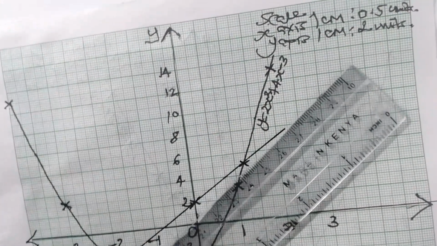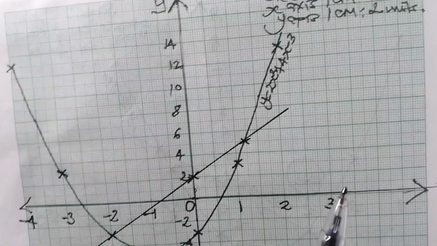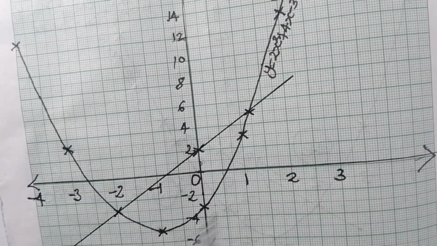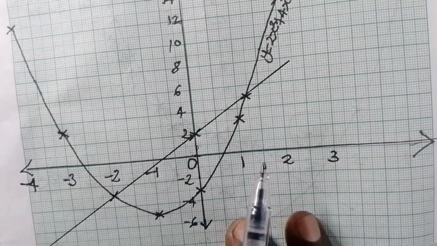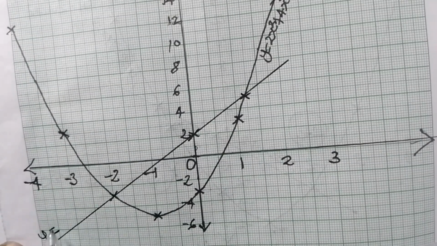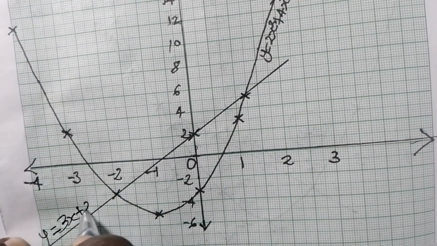And then after that, you can as well write the equation of the straight line on the line itself. Y is equals to 3x plus 2.